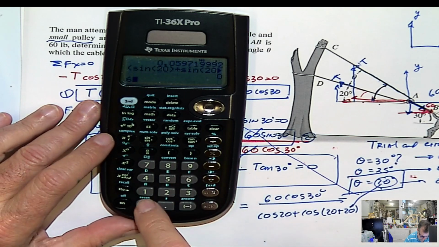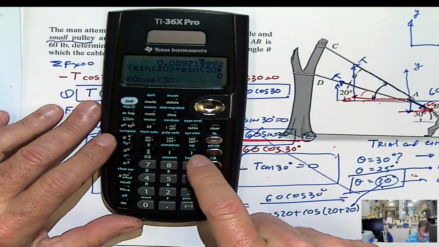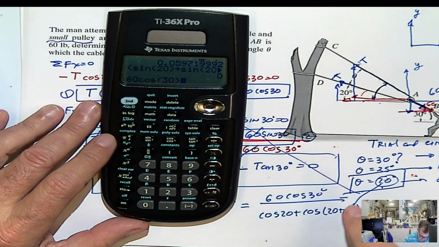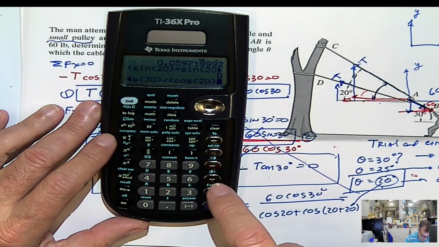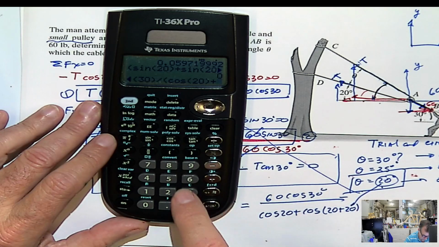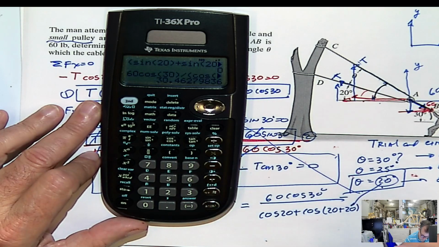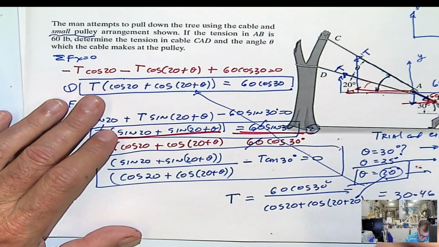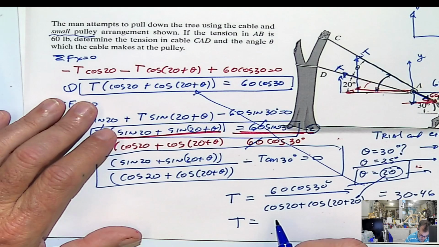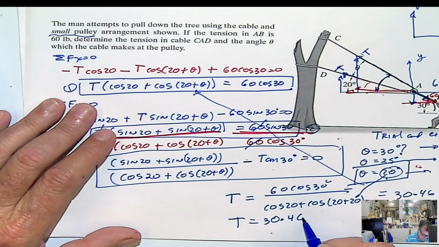So it's going to be 60 cosine, in any equation, in the top or in the bottom equation, 60 cosine 30, I'm sorry, divided by cosine 20, close parenthesis, plus cosine 40. And that will be 30.46. The value for tension should be 30.46 pounds.